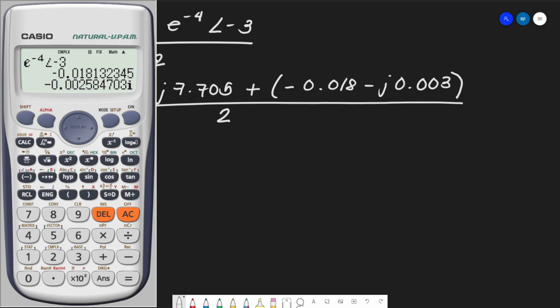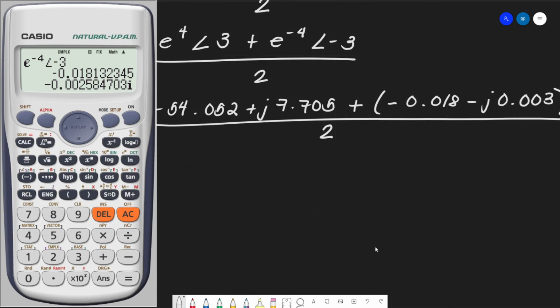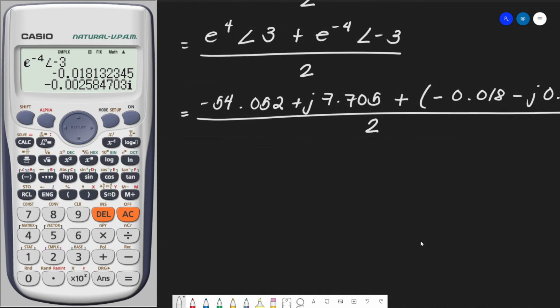Pag nirekta natin sa calcu, pinakita ko lang yung step by step. Pero, eto, evaluate natin siya as if buo siya, yung sa taas. So, we have e raised to 4 angle 3, diba? Plus shift ln para lumabas e raised to negative 4 angle negative 3 over 2. So, this will have, ayan, ito yung answer natin.